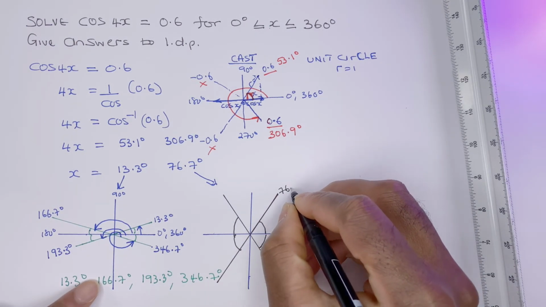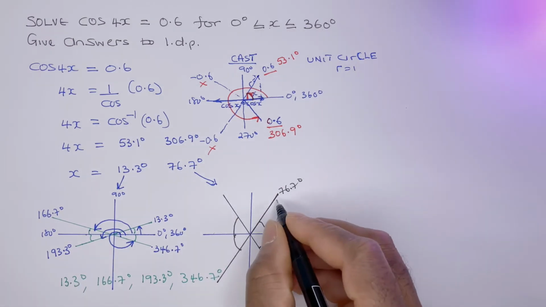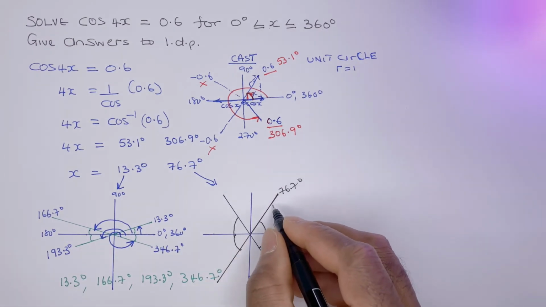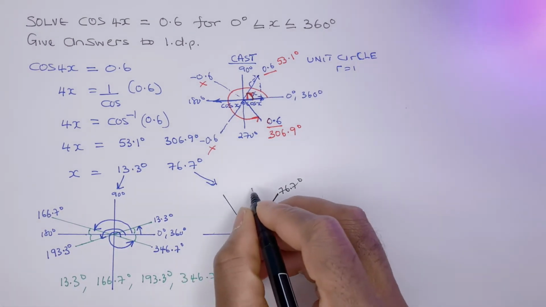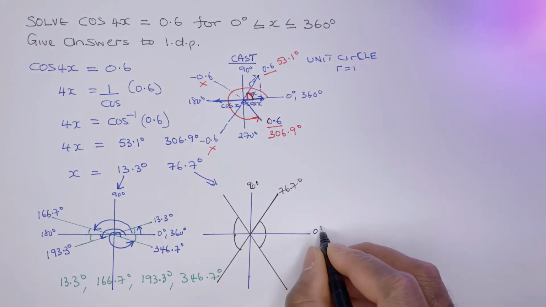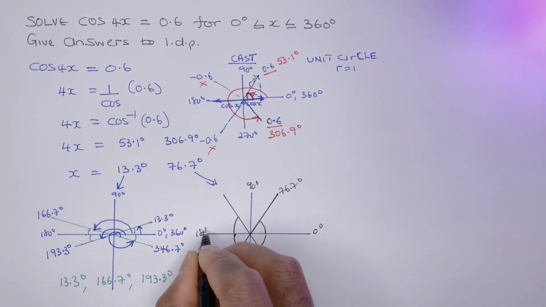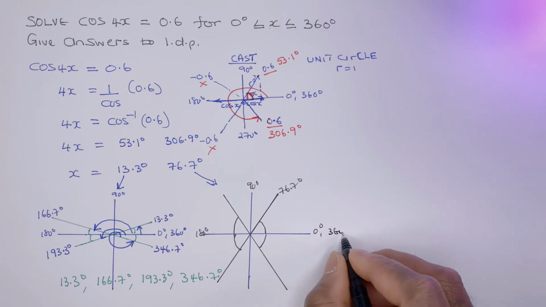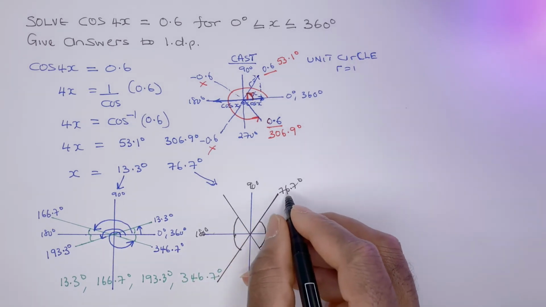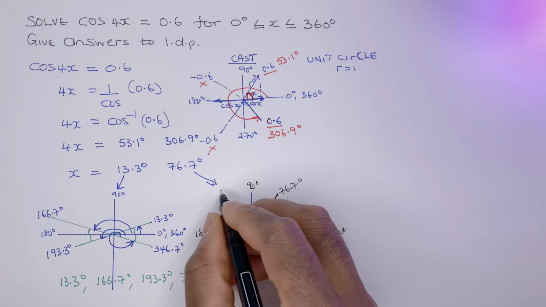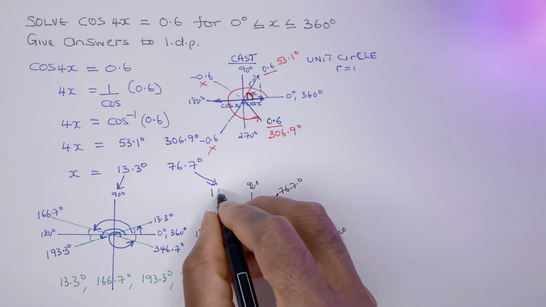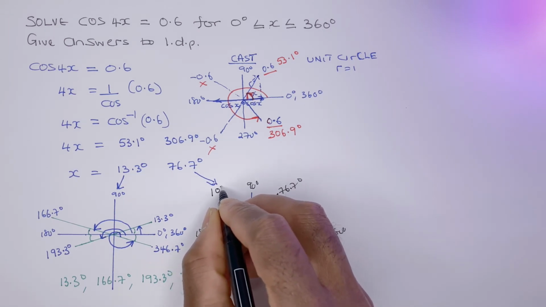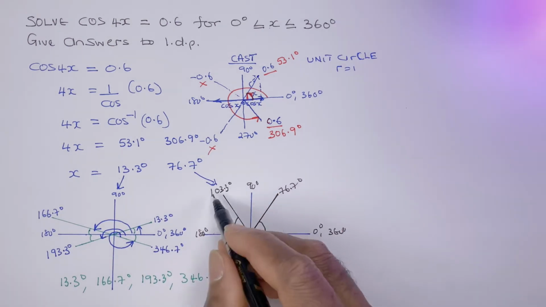So that's 76.7 degrees, and what I need to do is take away, this is 90 degrees by the way, and that's 0 degrees, this is 180 degrees, and that's 360 degrees. Take away 76.7 degrees from 180, I'll get 103.3 degrees.